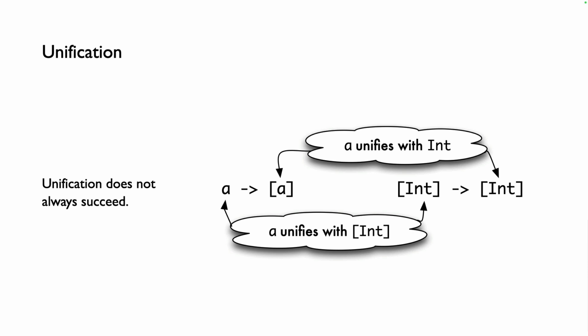And A can't become both of those things. So that unification fails. And that can be one of the things that means that a function cannot be applied to an argument. If it's impossible to unify the input type of the function and the type of the argument, that means the function cannot be applied.